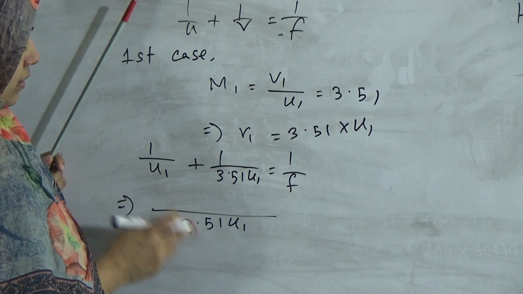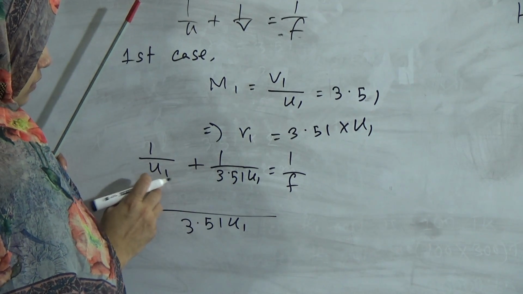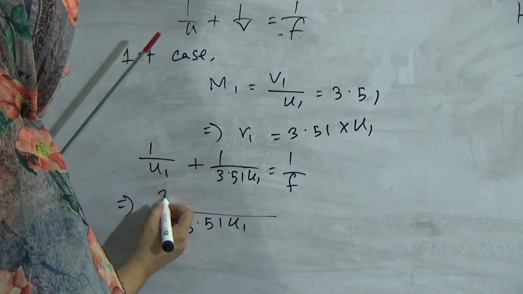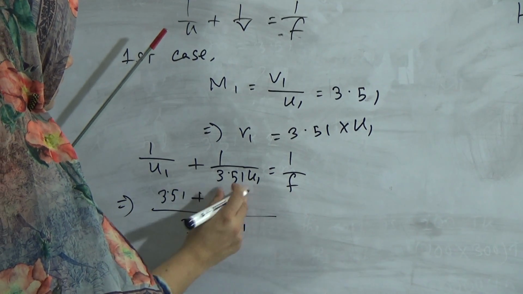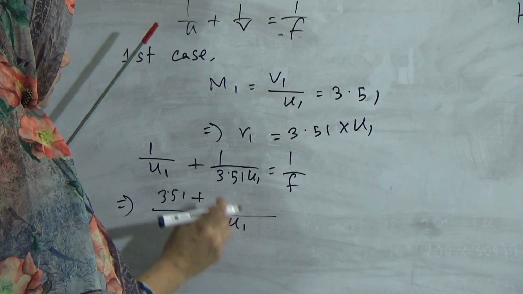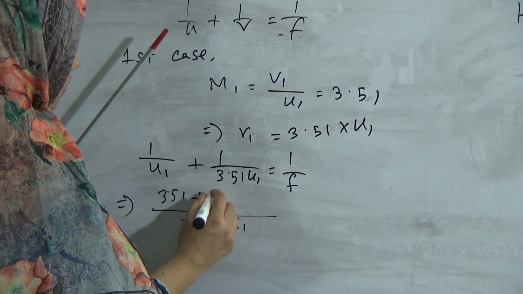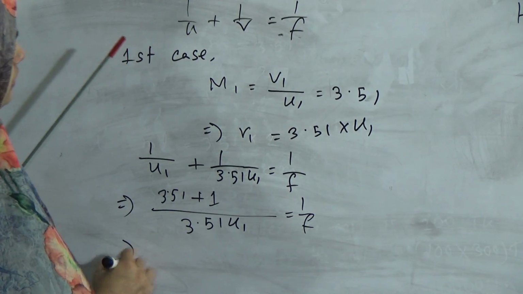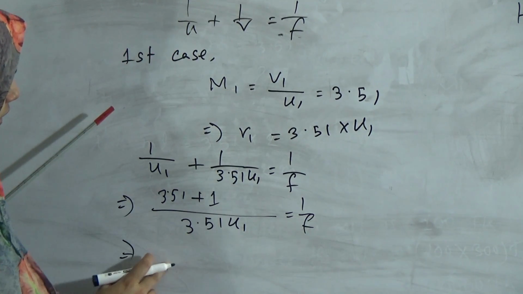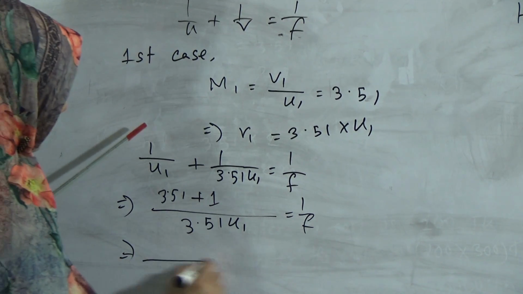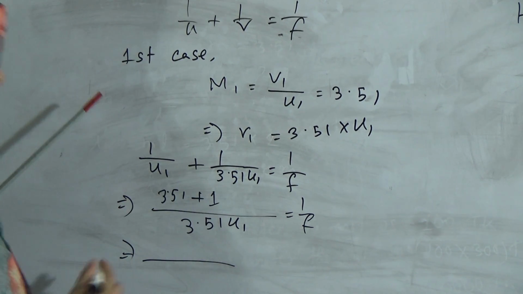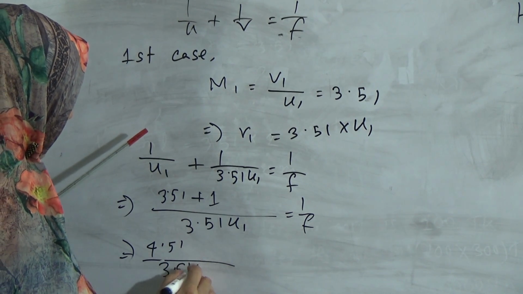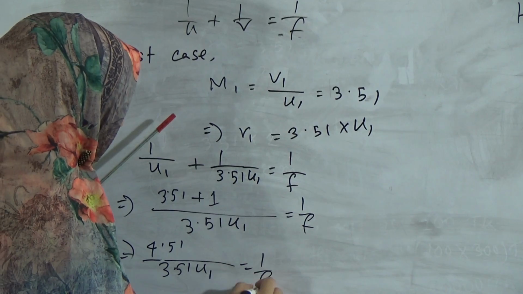Now divide this by u1, so u1 cancels and it will be 3.51 plus 1 equals 1 divided by f. Now we have to find the value of u1. So 3.51 plus 1, that means 4.51 divided by 3.51 u1 equals 1 divided by f.